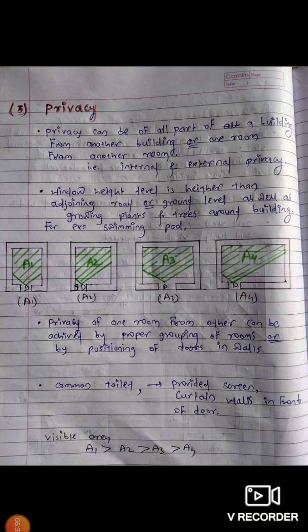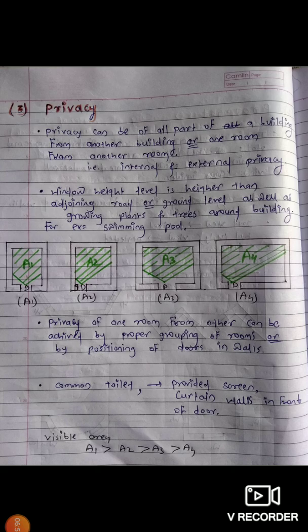Privacy of one room from another can be achieved by proper grouping of rooms and also positioning of doors on the wall. In this diagram, you can clearly see the difference between the views achieved by the positioning of the door.